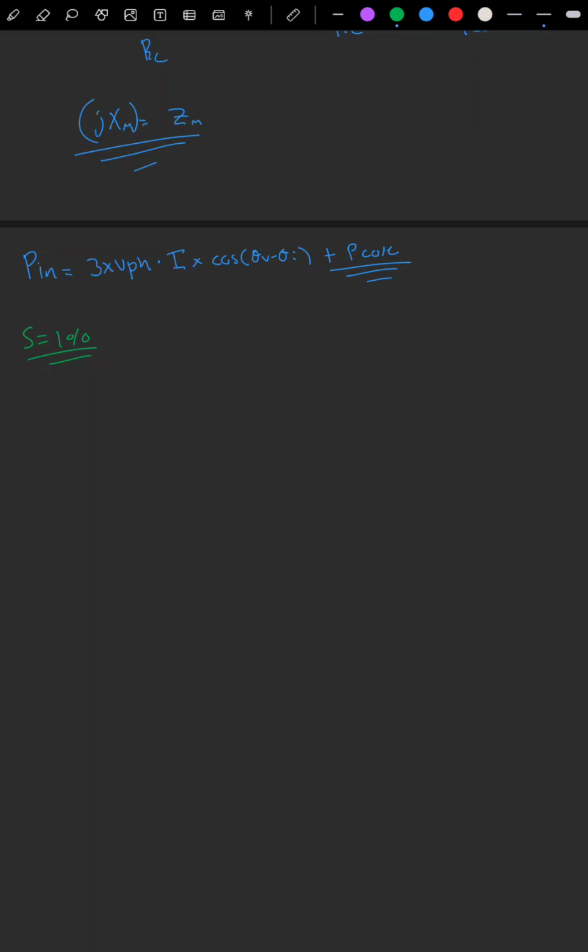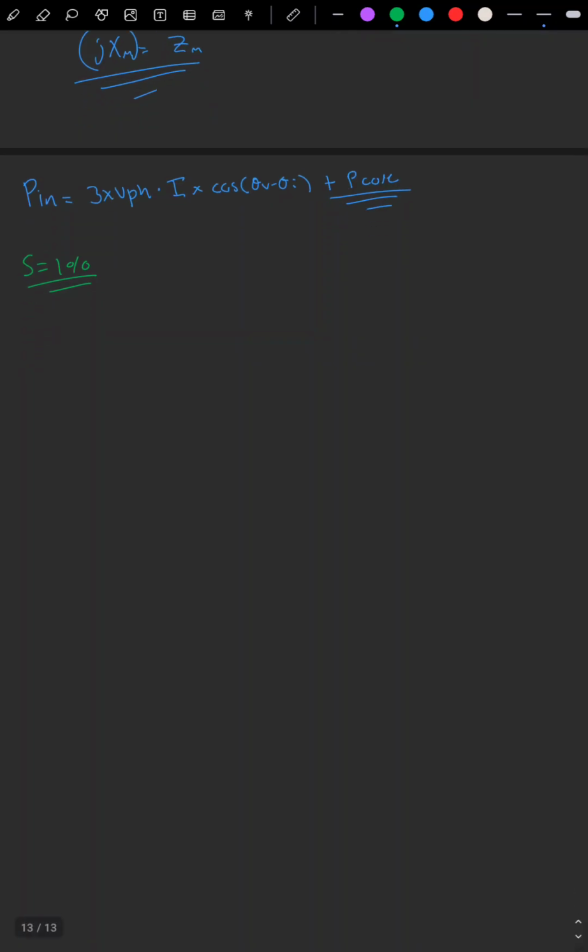So basically, we could find NS, which is synchronous speed, because NS equals 120 times F over the poles, which in this case for us is going to equal 120 times 60 over 4, which is going to equal 1800 RPM, which is the synchronous speed.